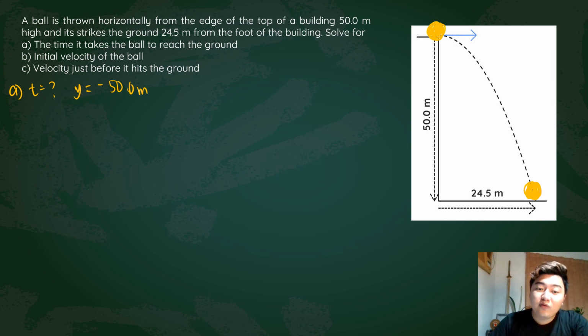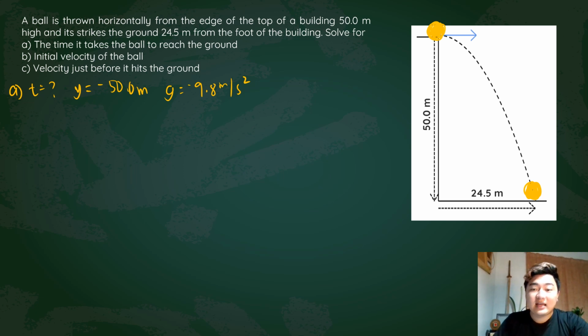What else? Of course, you know g, which is negative 9.8 meters per second squared. And since this is a horizontally launched projectile, this one starts at its maximum height.